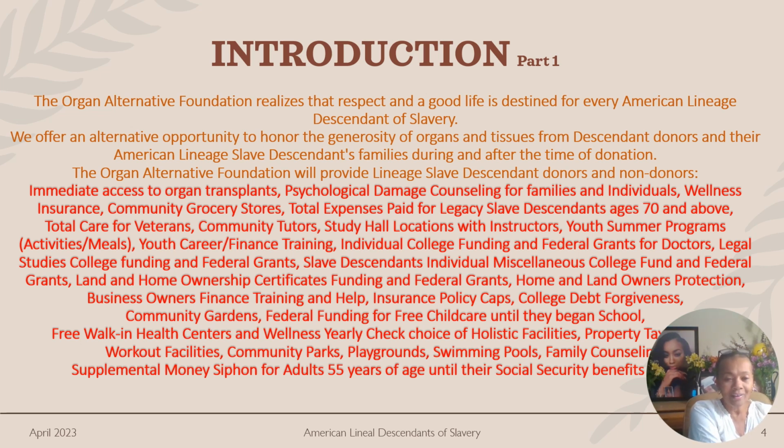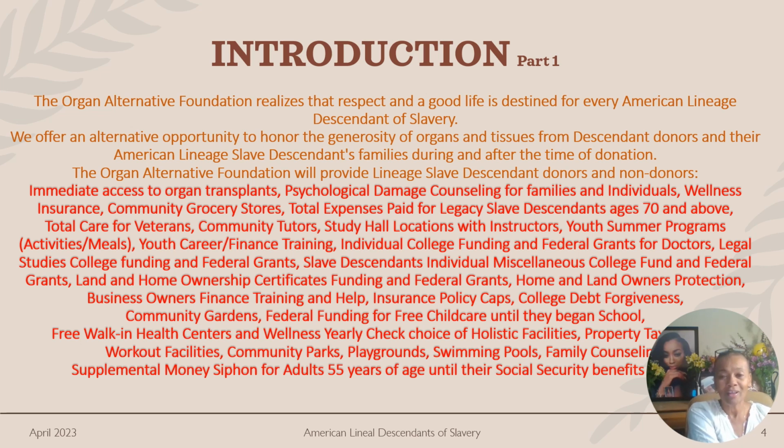We offer an alternative opportunity to honor the generosity of organ and tissue from descendants, donors, and their American lineage slave descendant families during and after the time of donation. The Organ Alternative Foundation will, because this does not exist, provide lineage slave descendants, donors, and non-donors.